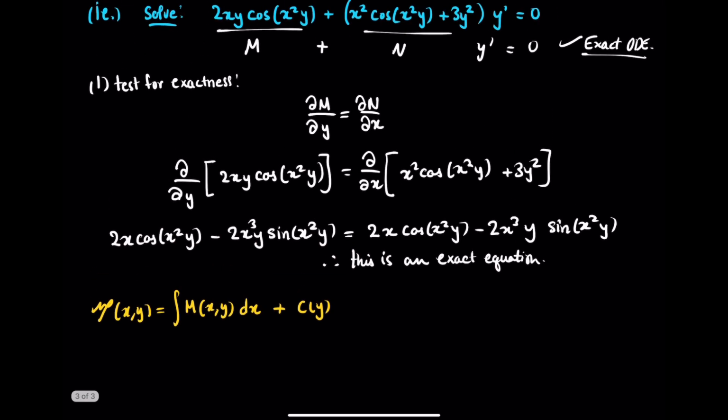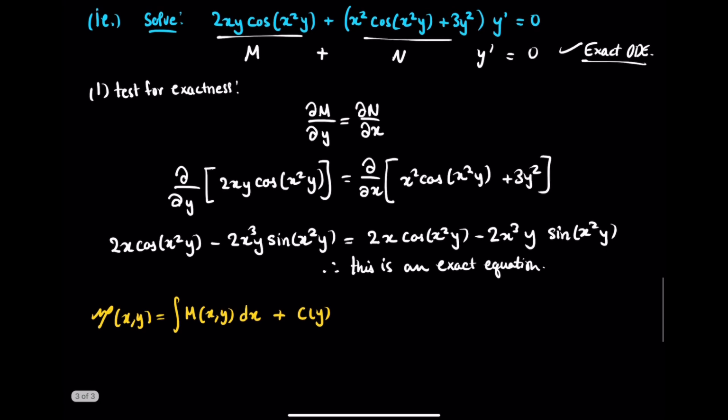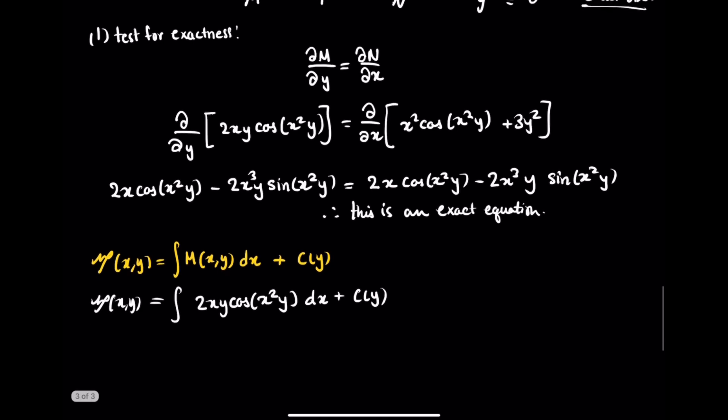We already know the equation is exact, which is great. So the first thing we do is plug in what M is. M is 2xy cosine x squared y, dx, plus c of y. This is psi of x, y.